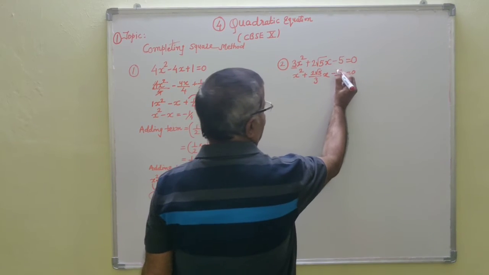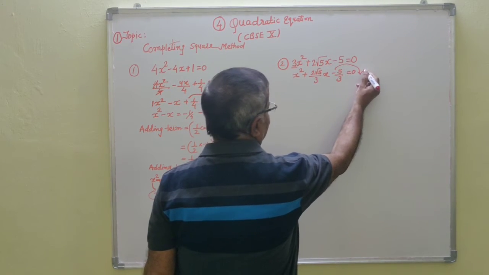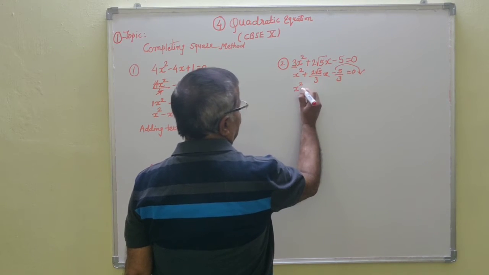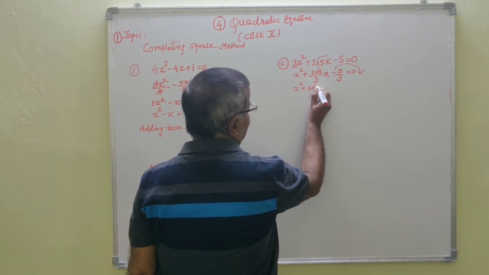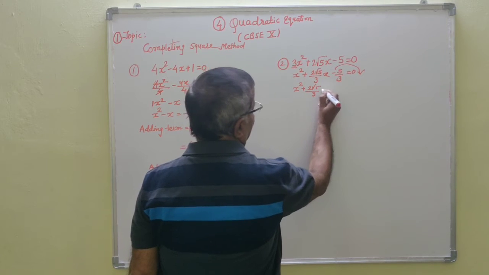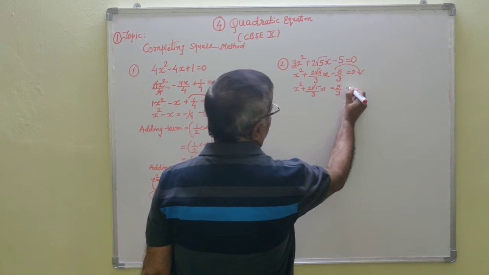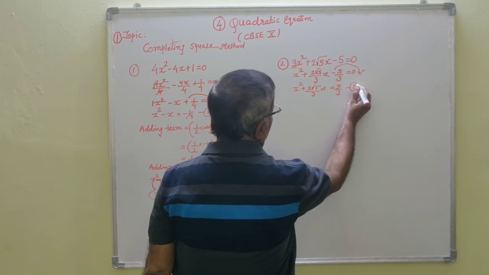Now I will transfer this 5 by 3 to that side. Second step: what I will get? x square plus 2 root 5 upon 3 x is equal to 5 by 3. Now the equation is in the form of this.